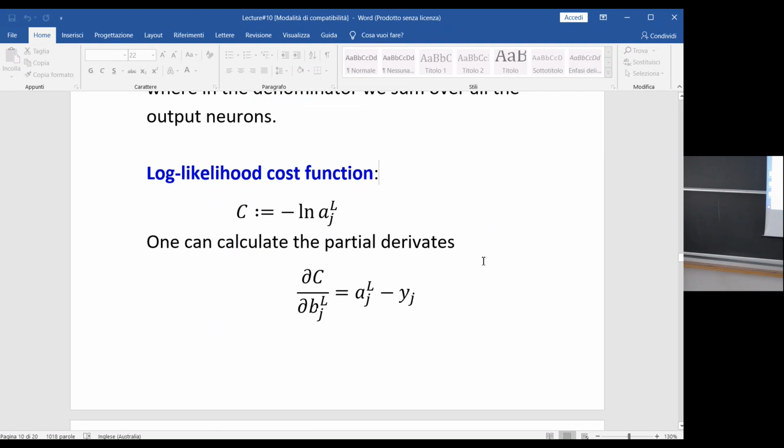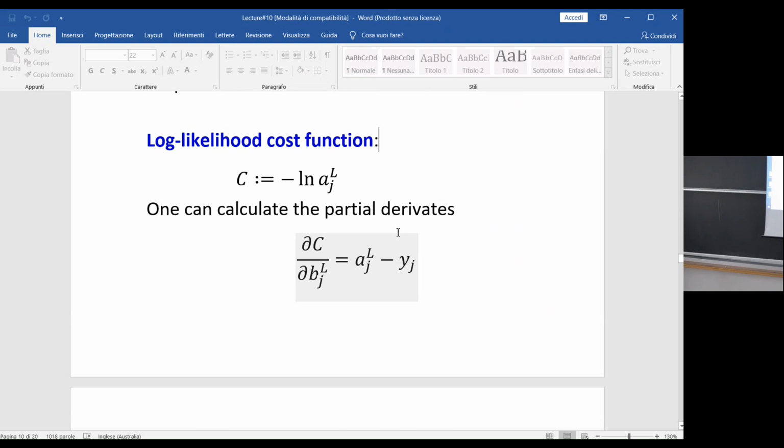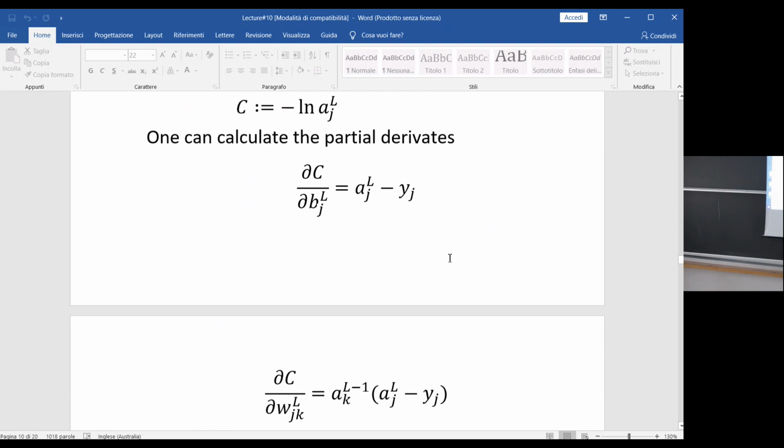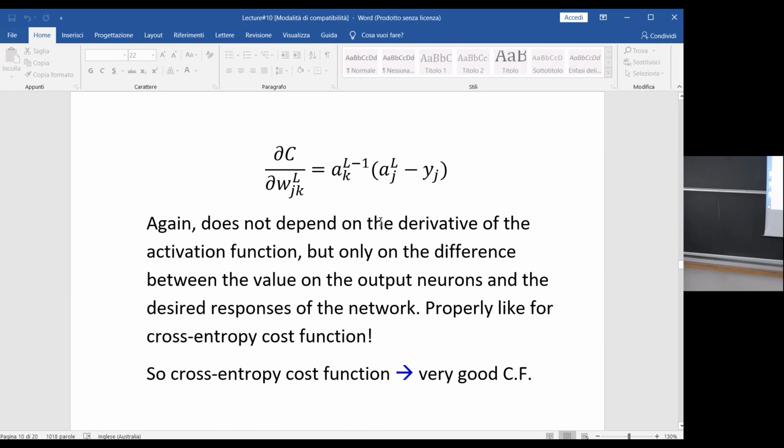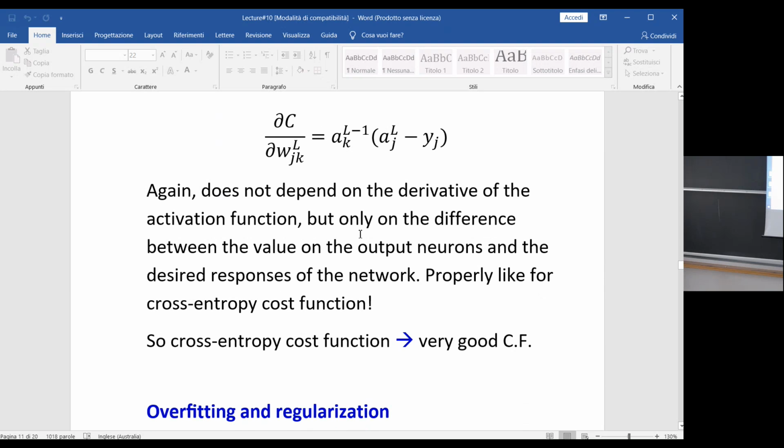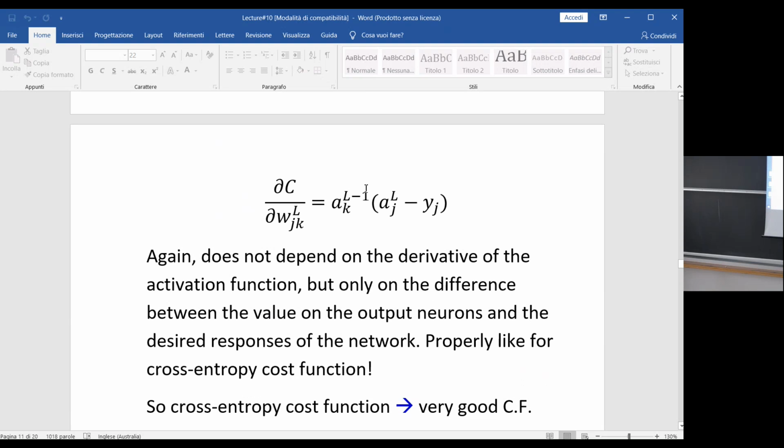The other cost function can be the log likelihood cost function. There is some probabilistic reasoning why to use the logarithmic likelihood cost function, and it is a very good cost function.